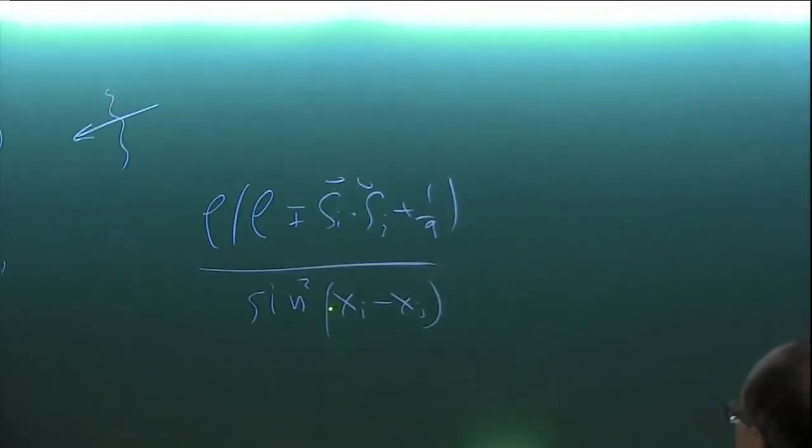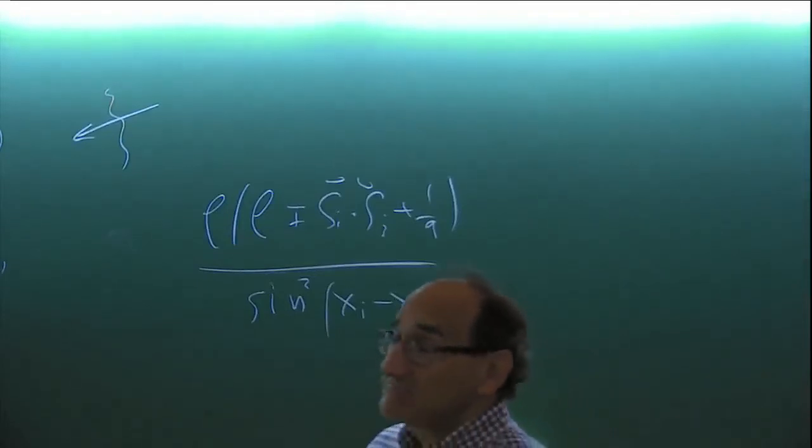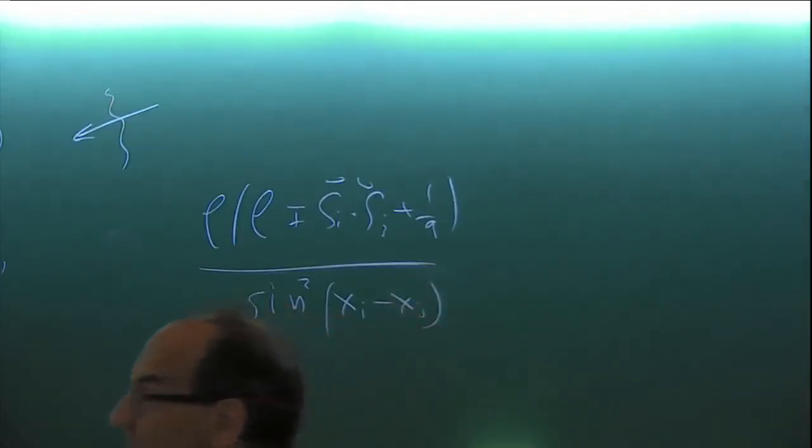S is here, the x's are there, that's the only term that couples spins and coordinates. And when the fluctuation of coordinates goes to 0, this becomes a classical term. Therefore, in that limit, spins and coordinate degrees of freedom decouple.